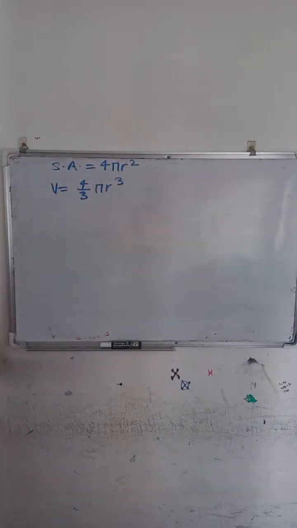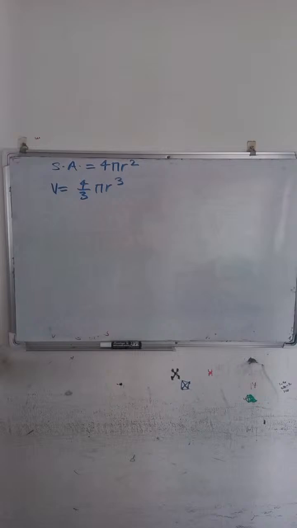Now what are they saying here? They are saying the volume of the two spheres are in the ratio of 64 is to 27. Find the ratio of their surface areas.